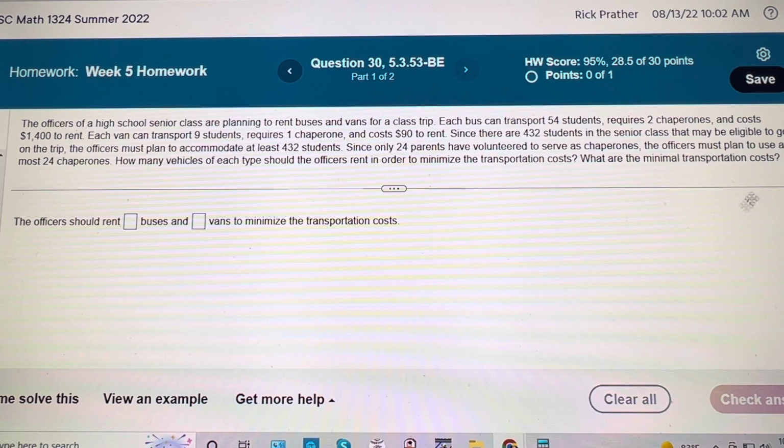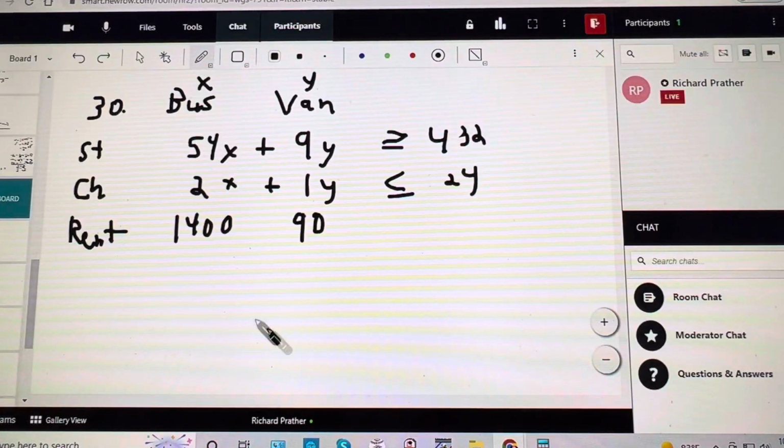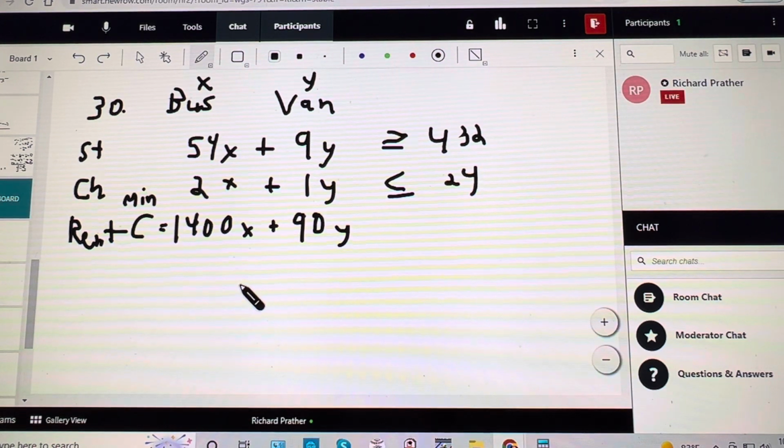What are the minimum costs? So it's only about minimum, and this money is what we're trying to minimize. There's no inequality for this one. This is the C, try to minimize costs. That's the objective function. And of course, you can't have negative buses or negative vans, so we are going to be in the first quadrant.